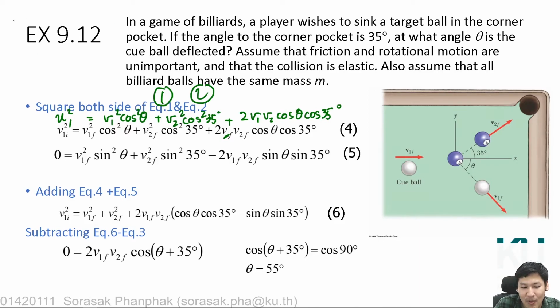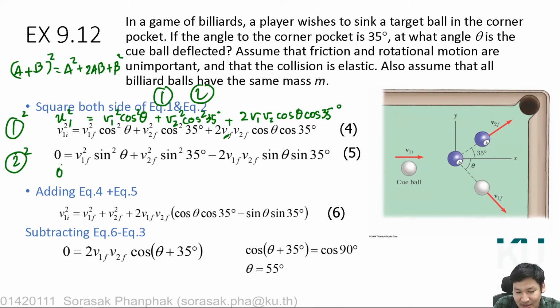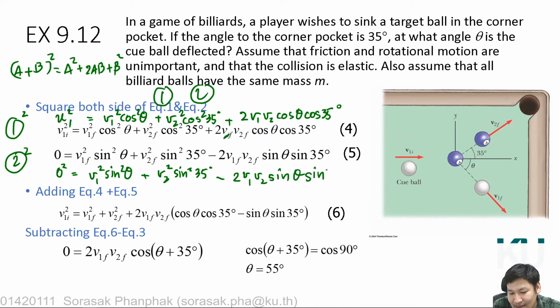Sorry, I wrote the wrong one earlier. The squaring is like having a plus b and squaring it, so you get a square plus 2ab plus b square. That is what you do with the first equation. The second one you can do as well, so you get 0 square equal to v1 square sine square theta plus v2 square sine square 35 plus 2 v1 v2 sine theta sine 35.